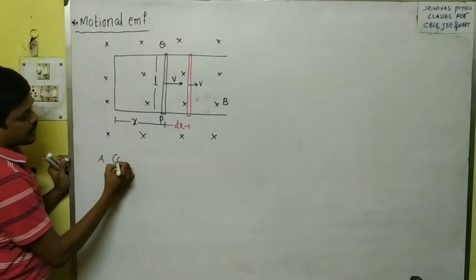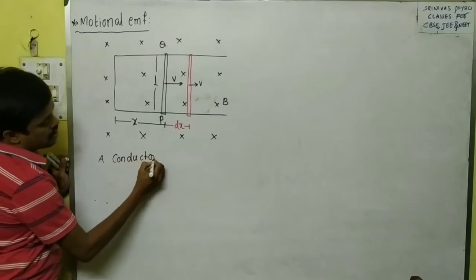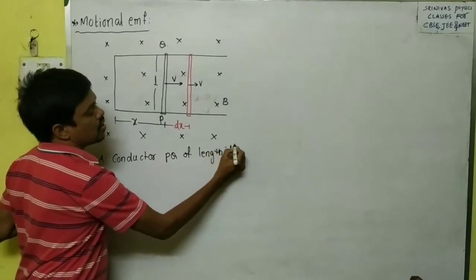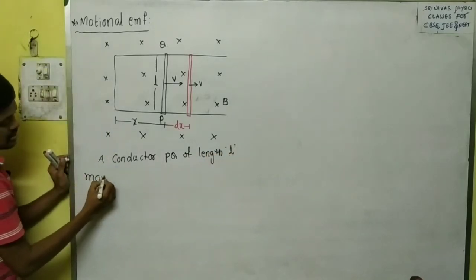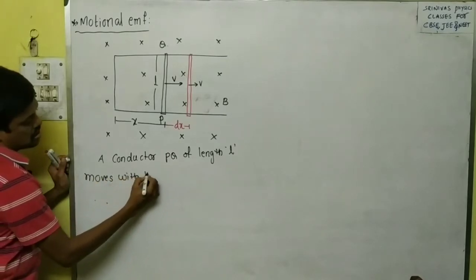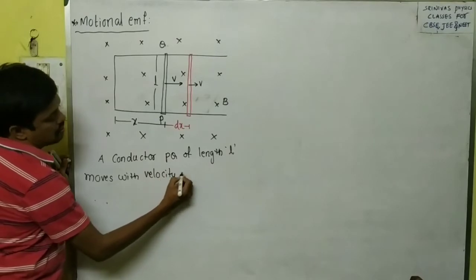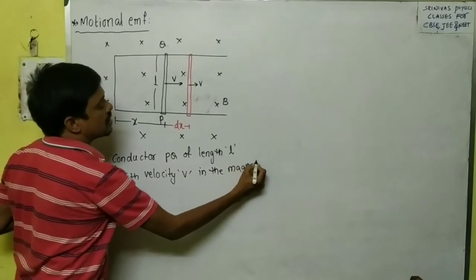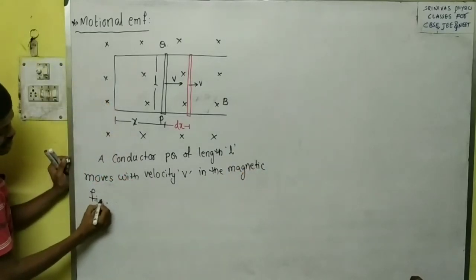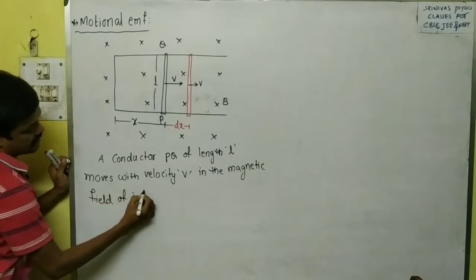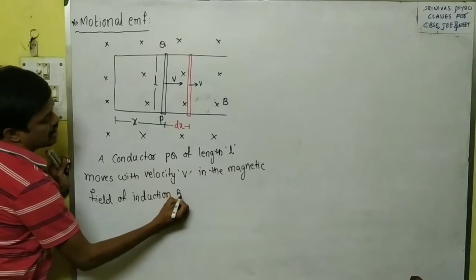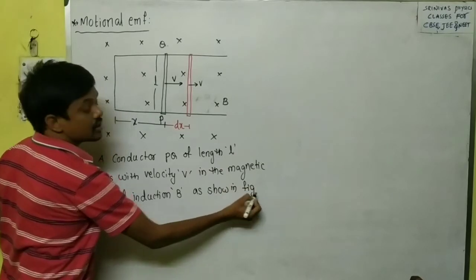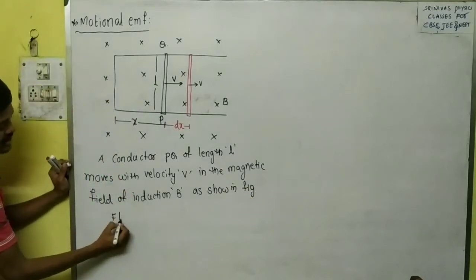A conductor PQ of length L moves with velocity v in the magnetic field of induction B, as shown in the figure.